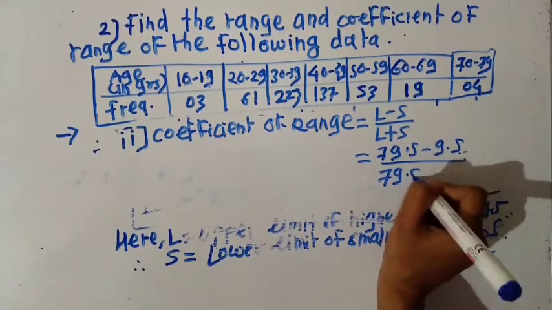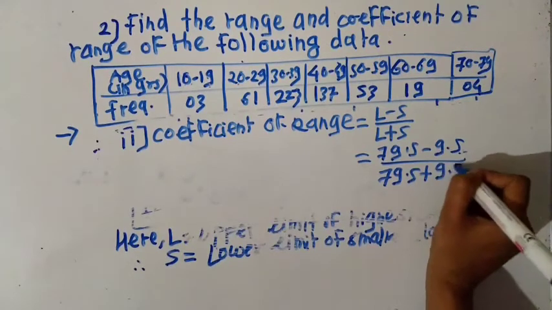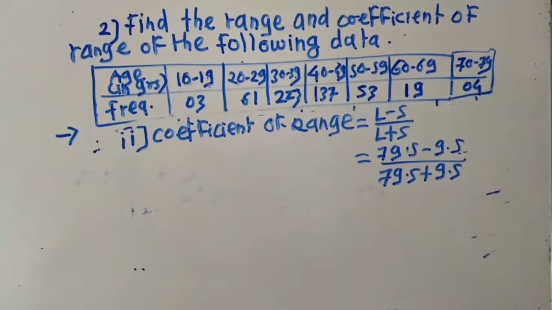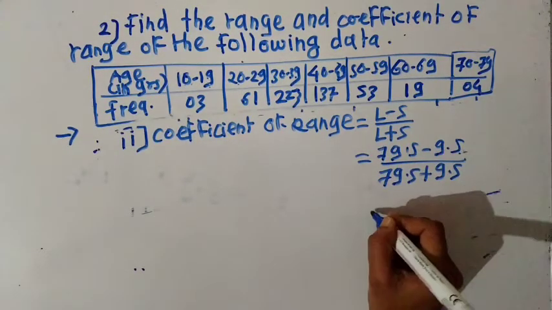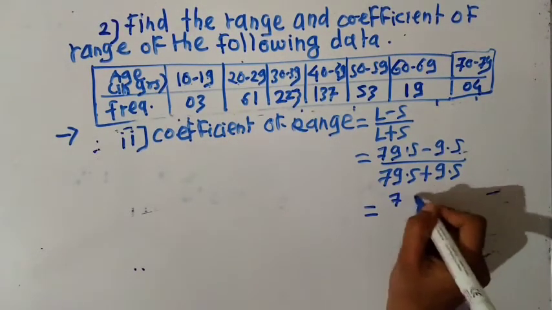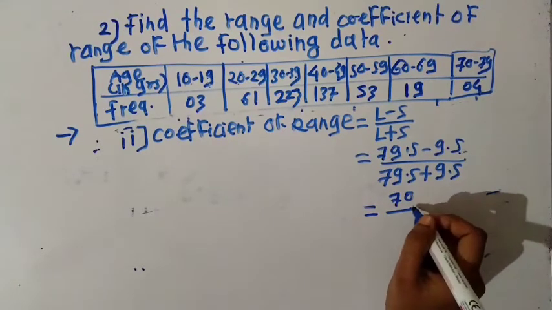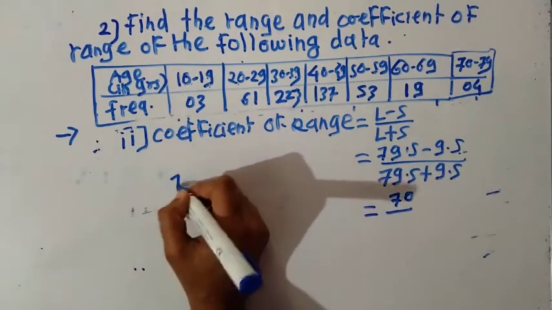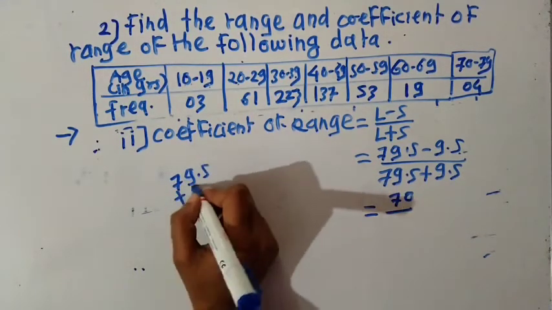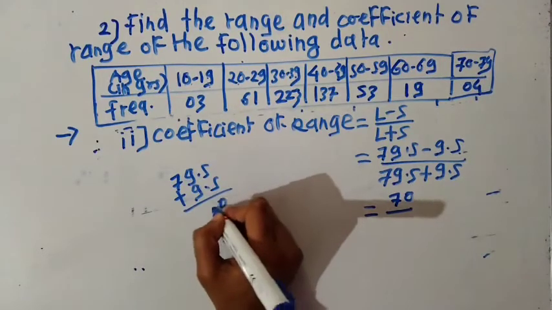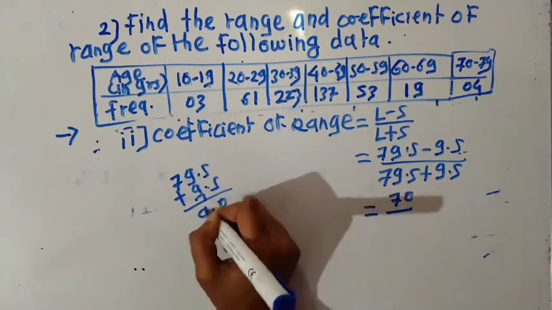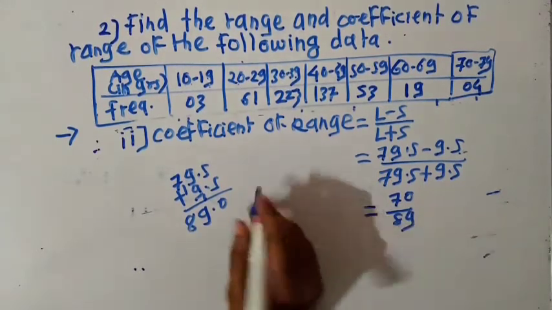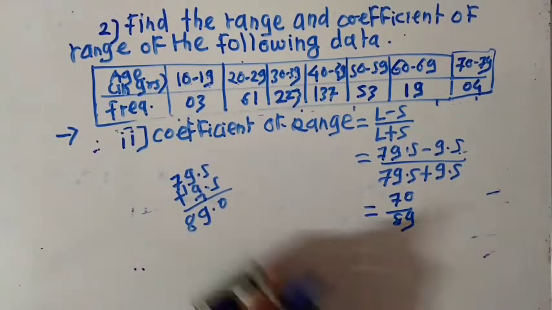L minus S is 70, so 70 upon 79.5 plus 9.5, which is 89. So 70 upon 89.